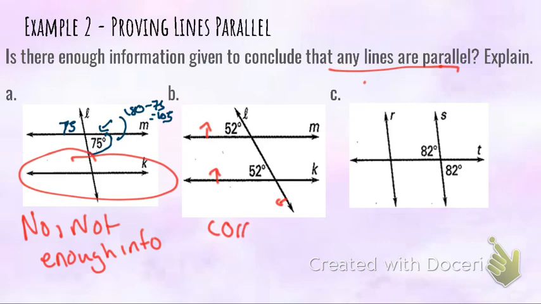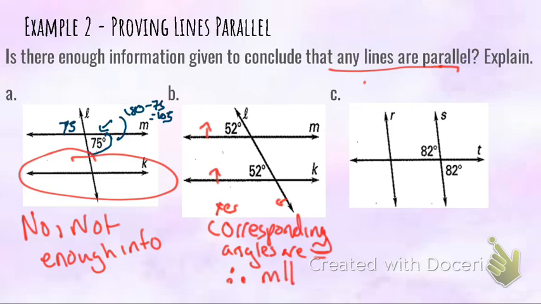So yes, corresponding. What do we have to know about corresponding angles for them to be parallel lines? Well, that they have to be congruent. So yes, corresponding angles are congruent. Therefore, line M is parallel to line K.